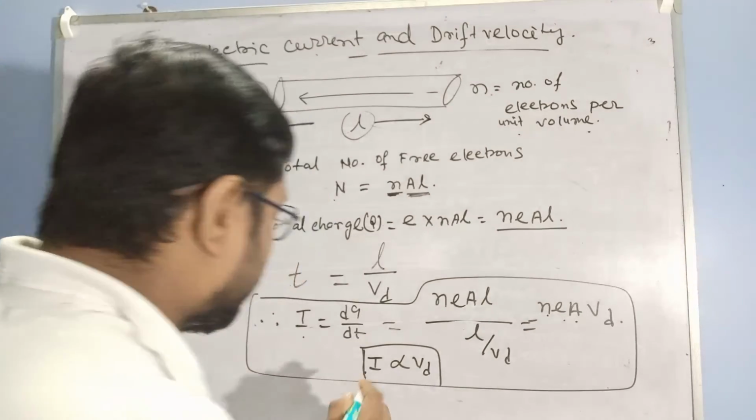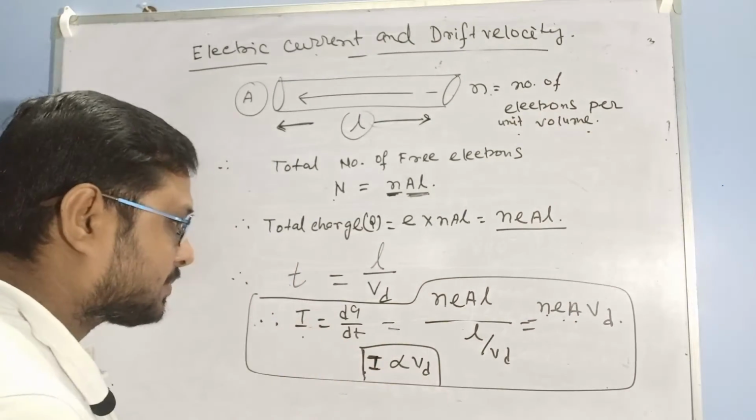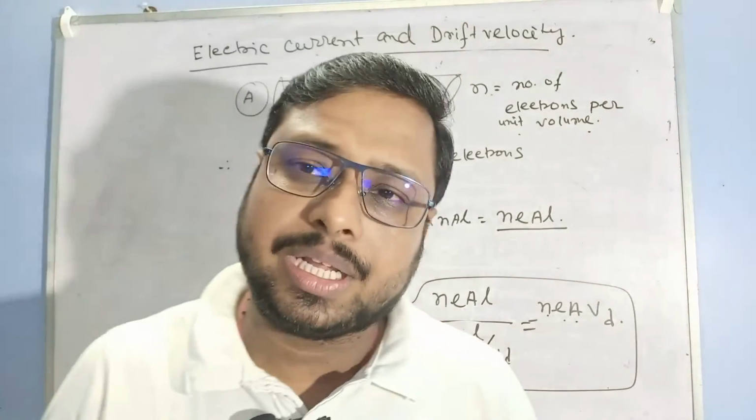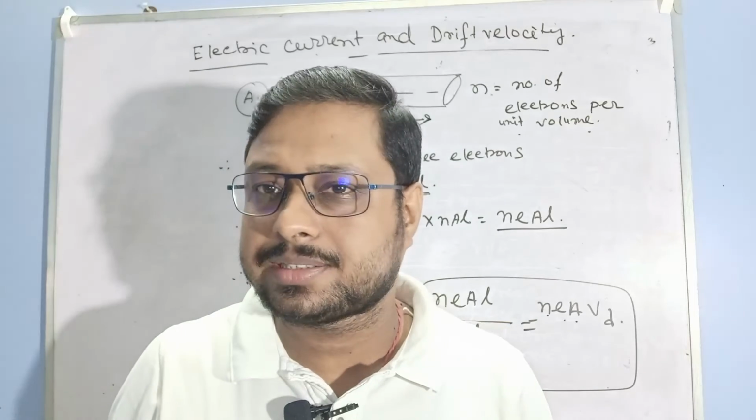Now, what will be the total current inside a semiconductor or a conductor having different charge carriers?